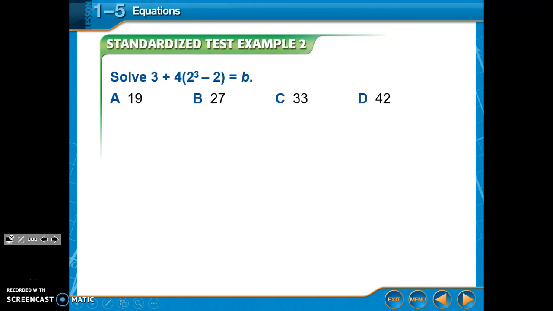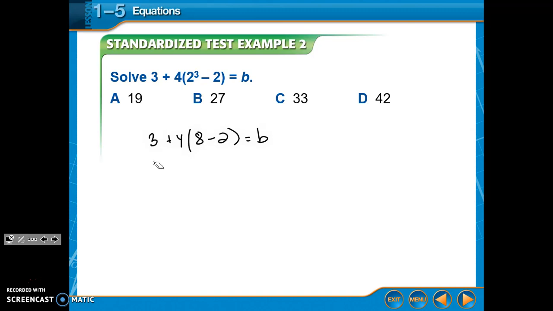Okay, example 2. If I want to solve this for b, I'm just going to simplify this side of the equation. I'm following order of operations, first looking for parentheses. Inside my parentheses, I have 2 to the third minus 2, so within that, I have an exponent. This is going to be 3 plus 4 times the quantity 2 to the third, which is 8, minus 2, equals b.